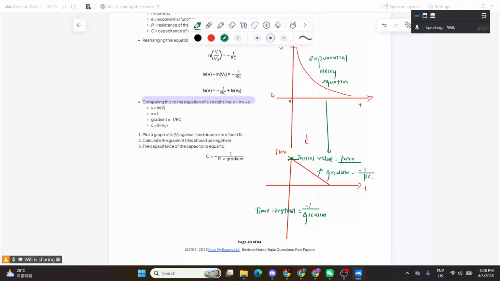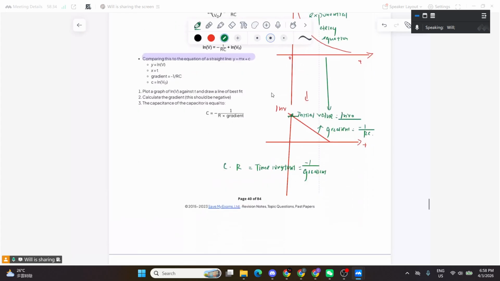The time constant is the product of the capacitance C and the resistance R. The purpose of the experiment is to find the capacitance, so we use -1 over the gradient, divided by the resistance, to find the value.